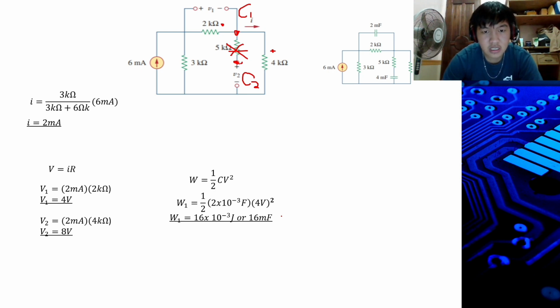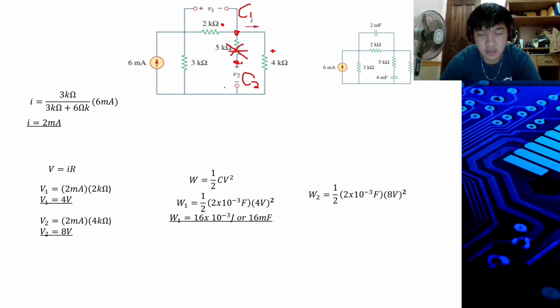For capacitor 2, one half of 2 times 10 raised to negative 3 farads times 8 squared equals 128 times 10 raised to negative 3 joules.